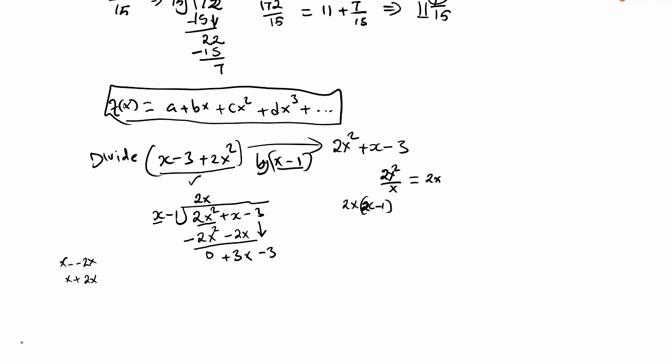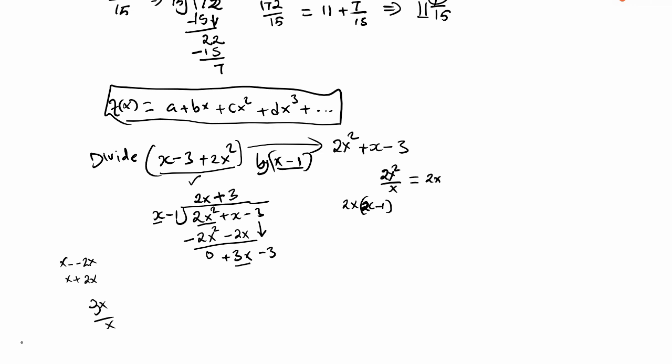We repeat the process again by dividing the first term here, which is 3x, by the first term of the divisor. So that means you take 3x divided by x, you get a 3. So the 3 is positive. You write it next to what you have above there. So that is plus 3.